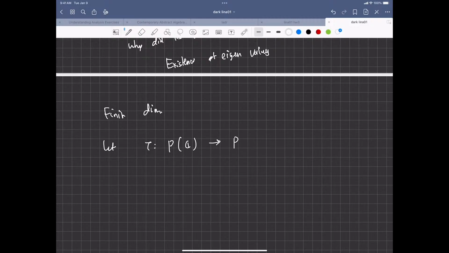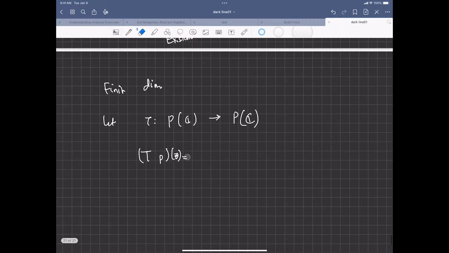So we're going to define a linear operator, T, by taking P of z and mapping it to a new function.